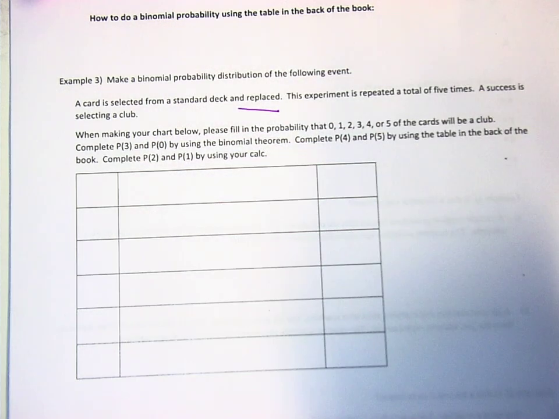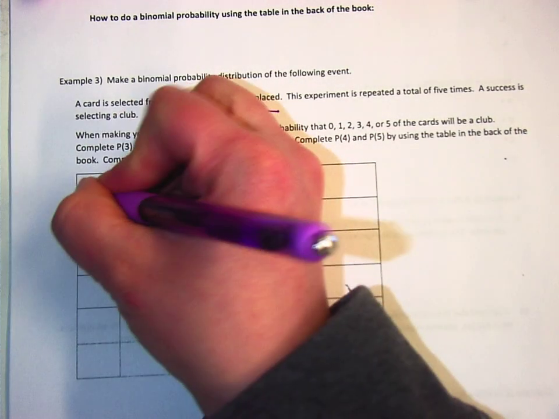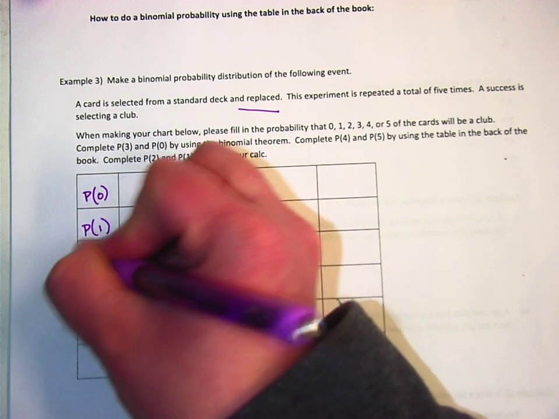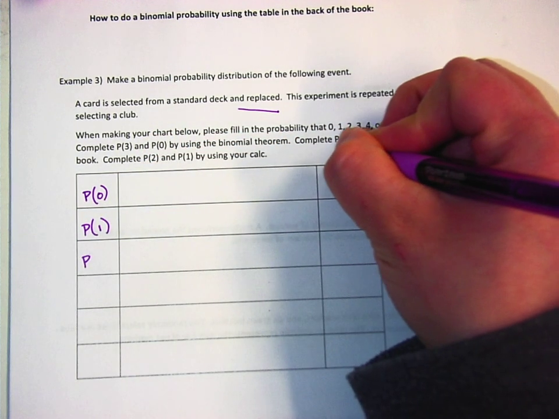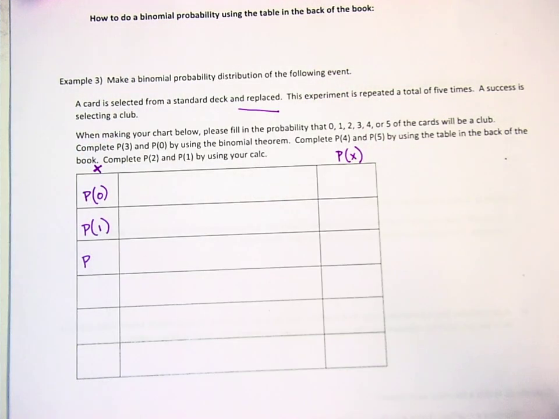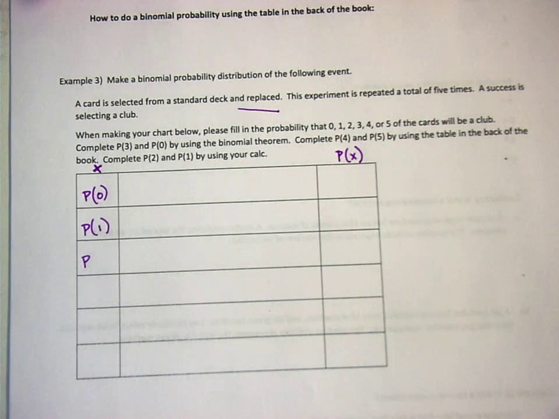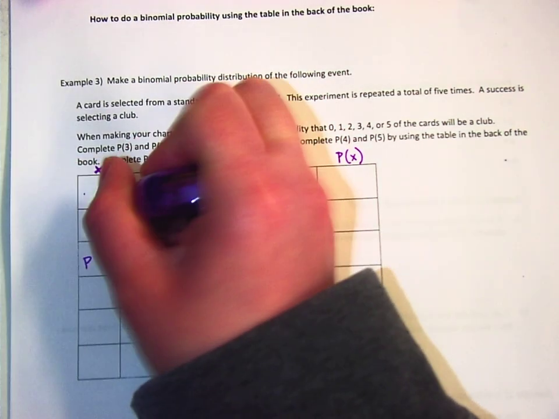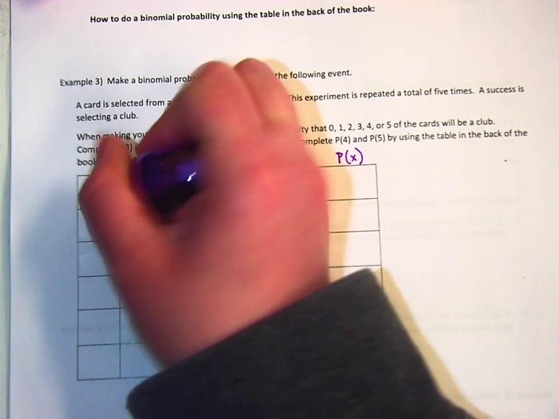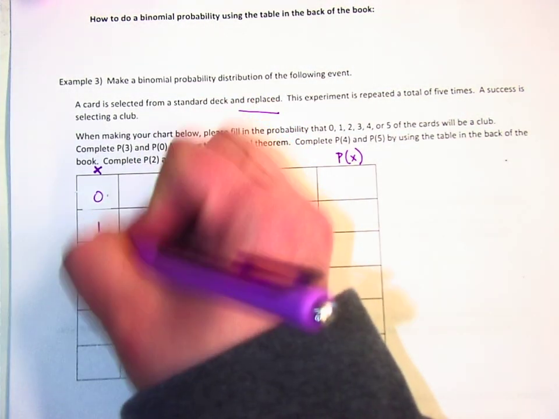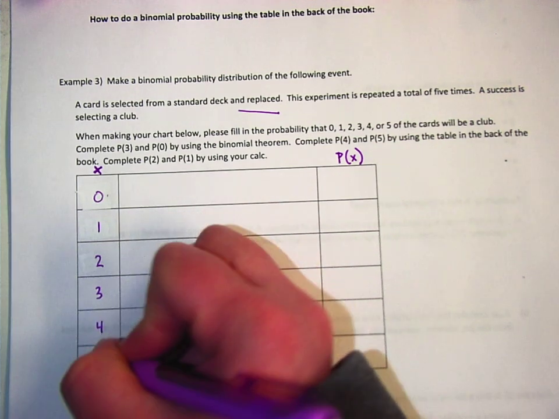Let's see. Probability of getting 0 successes, probability of 1 success. Actually, this is the probabilities over here, and this is X. So I'm going to change that to say no probabilities at all. 0, 1, 2, 3, 4, 5.